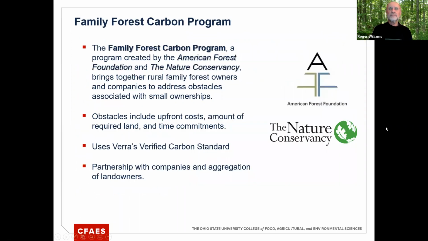Now, something I've come across very recently, and maybe Dr. Sohngen and Mehmood may be more familiar with this program, but it's a relatively new program. It's called the Family Forest Carbon Program, right? Certainly there are obstacles to overcome for small woodlot owners.